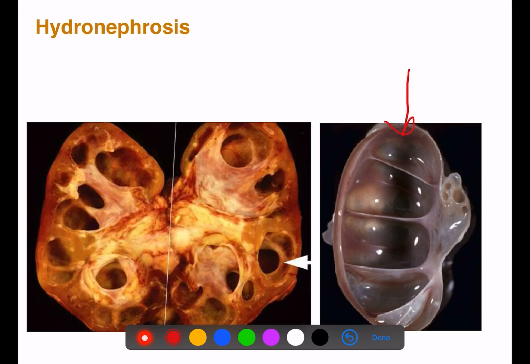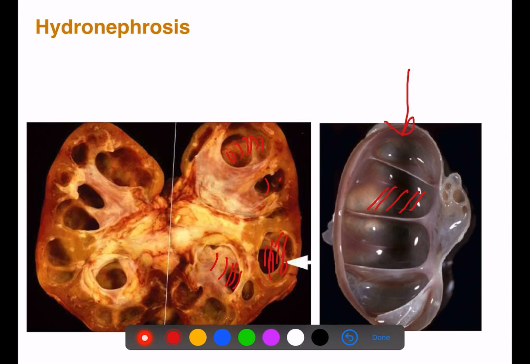When the renal flow is obstructed in the pelvis and the collecting tubule due to inflammation or other things, it will cause accumulation of urine within a hollow chamber in the kidney.